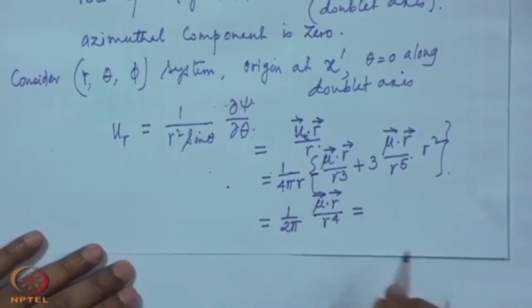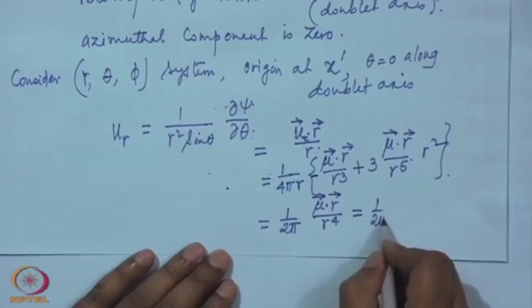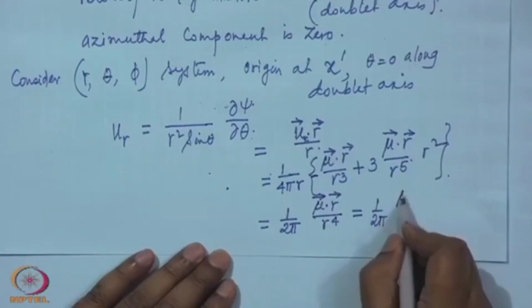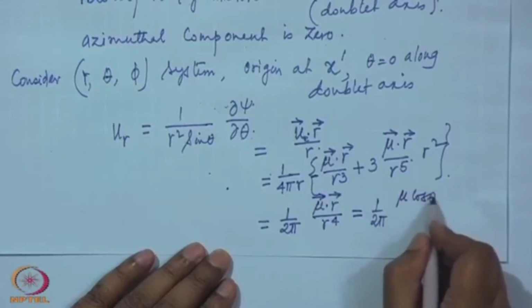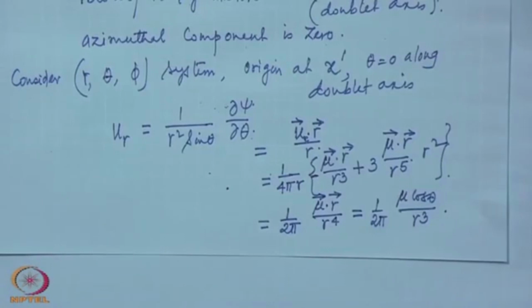We can write this further as 1 by 2 pi mu cos theta by r cube. Okay. Mu dot r is mu r cos theta.